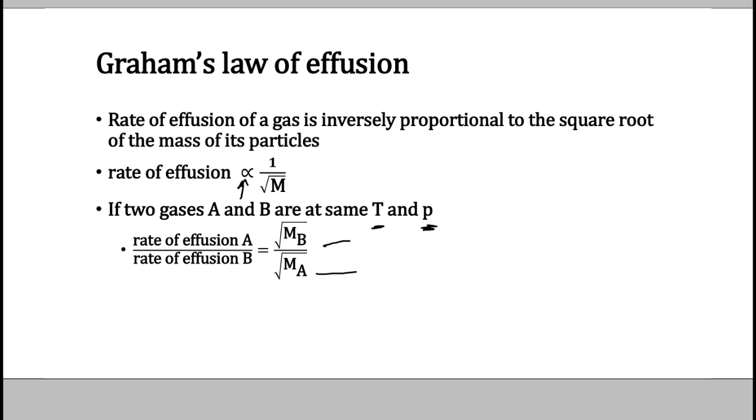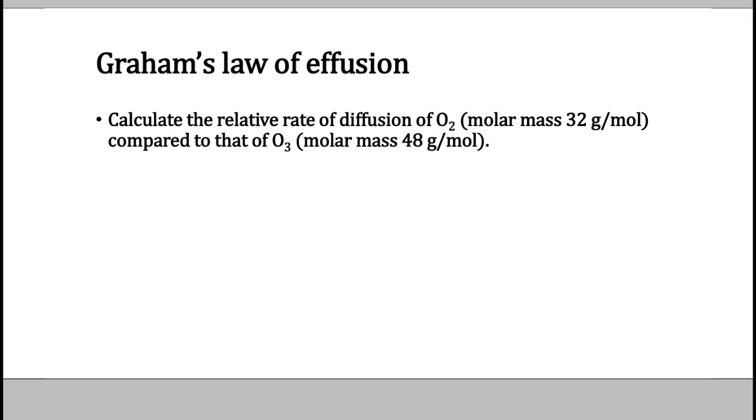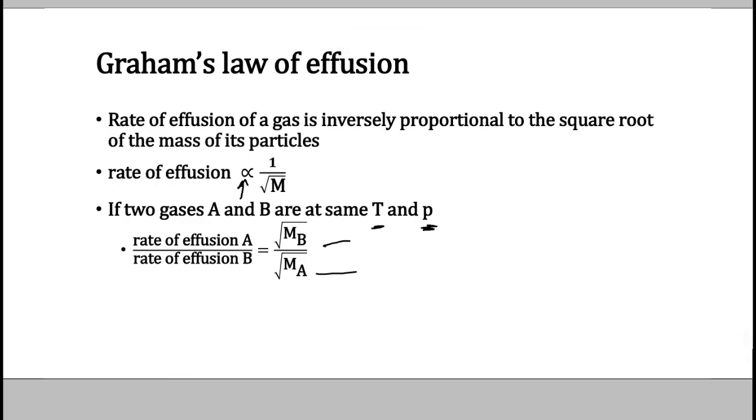So let's go ahead and look at a sample problem. Calculate the relative rate of diffusion of oxygen compared to that of ozone. So let's think back to what the expression shows us. It shows us that the rate of effusion is proportional to 1 over the square root of the molecular weight.